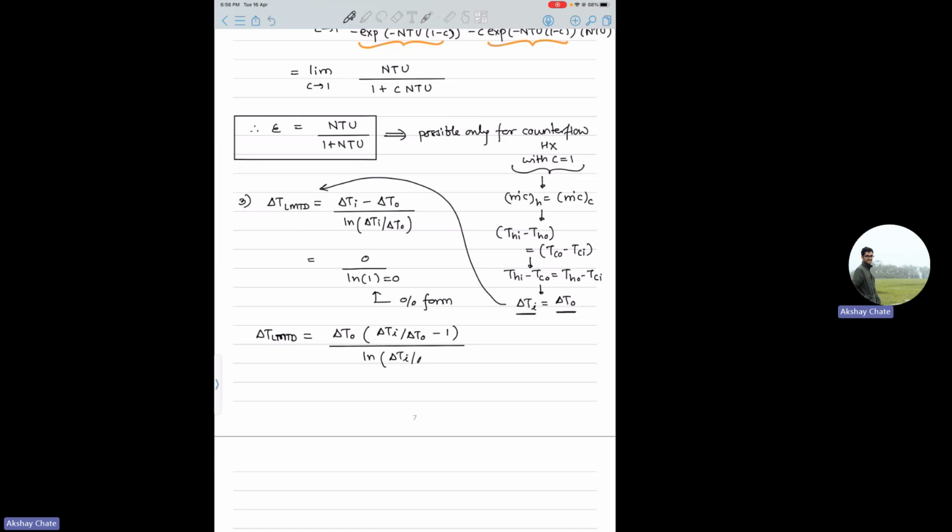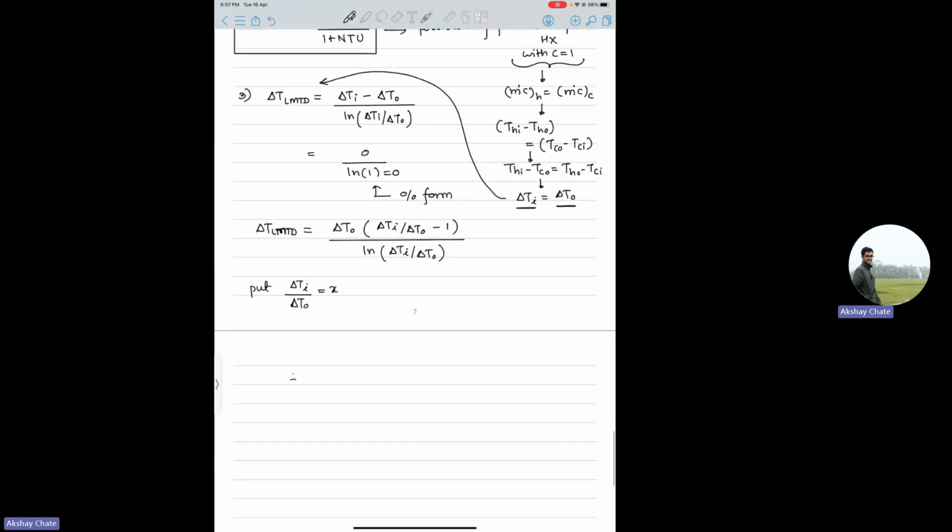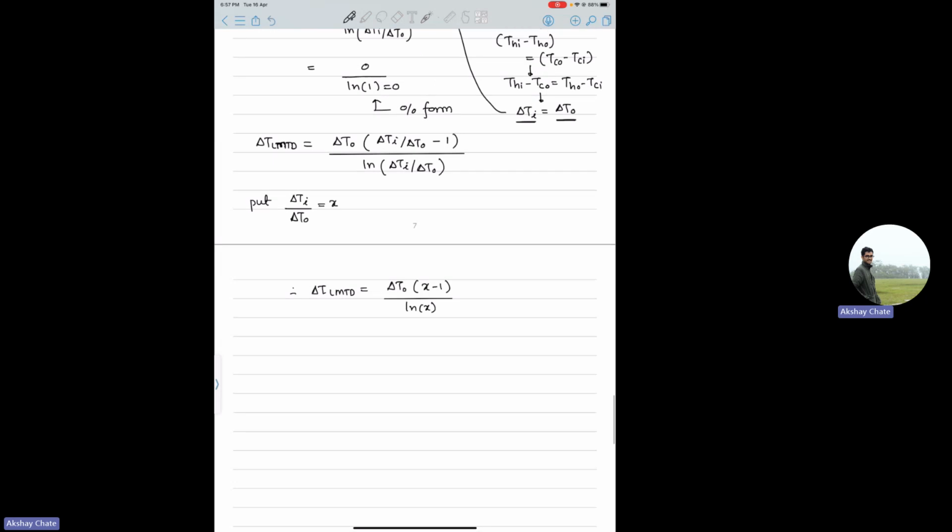The reason we do it is because we want to do a substitution. So put delta Ti by delta To as some variable x, and then your LMTD becomes delta To times x minus 1 divided by ln of x, right?